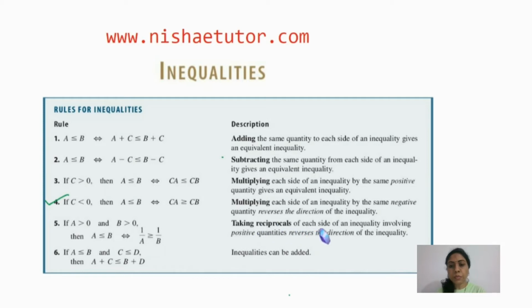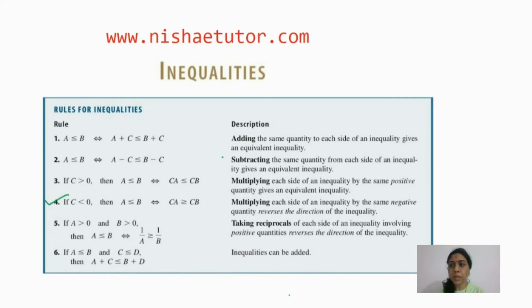Taking reciprocals of each side of an inequality involving positive quantities reverses the direction of the inequality. And the sixth rule: if a is less than or equal to b and c is less than or equal to d, we can add them. A plus c, left hand side added and right hand side added, so inequalities can be added.